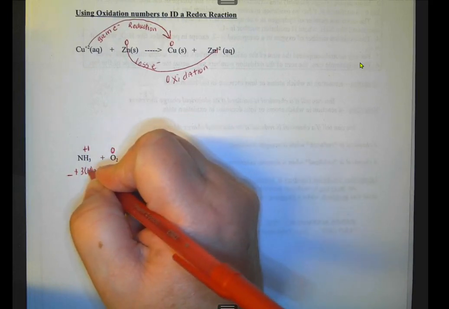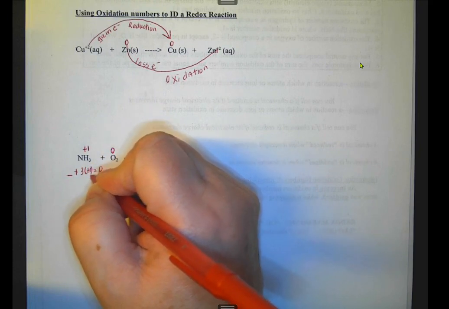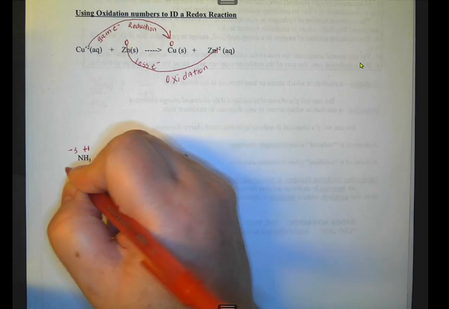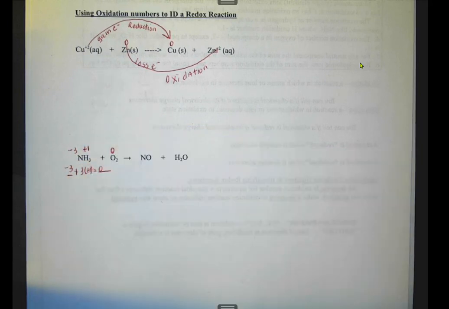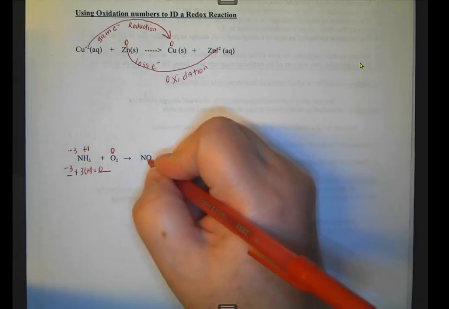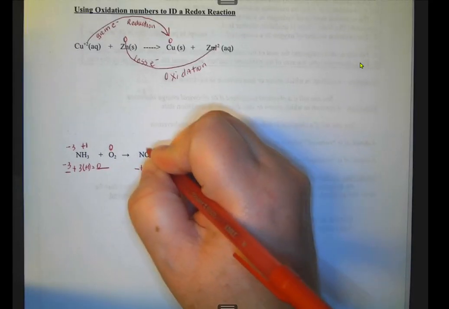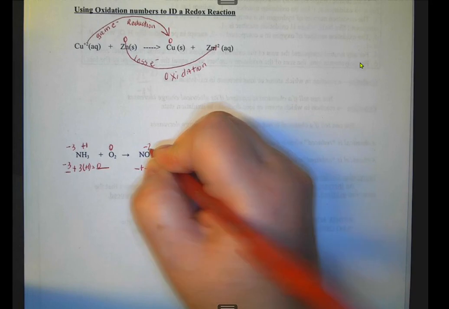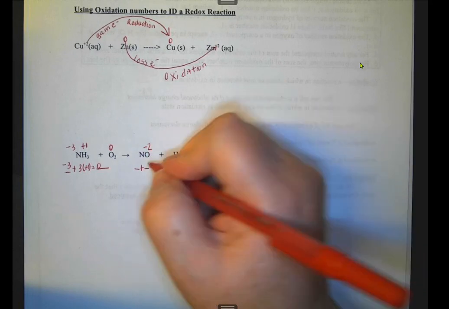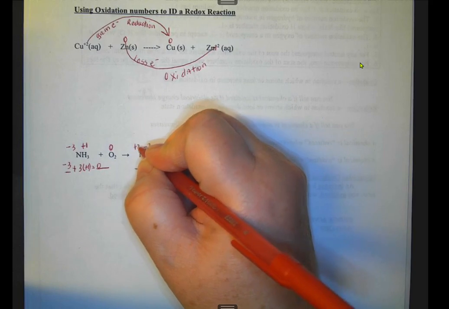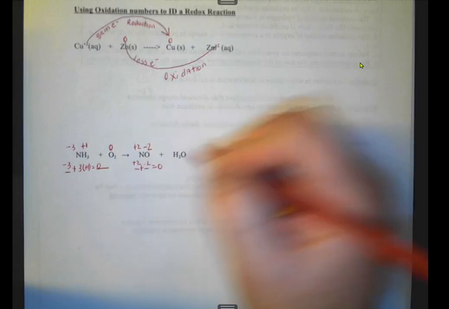So if I have a +3 contributed by the hydrogen, then the nitrogen must have a -3 oxidation value on this side. The sum of the oxidation numbers in NO must also add up to 0. Oxygen's oxidation value is normally -2, which means that the nitrogen here should have a +2 oxidation value.